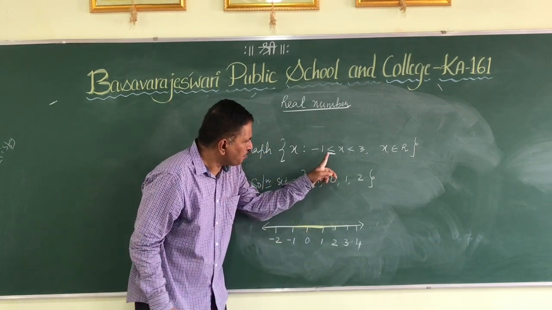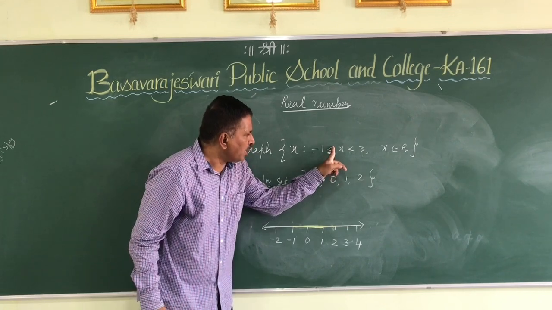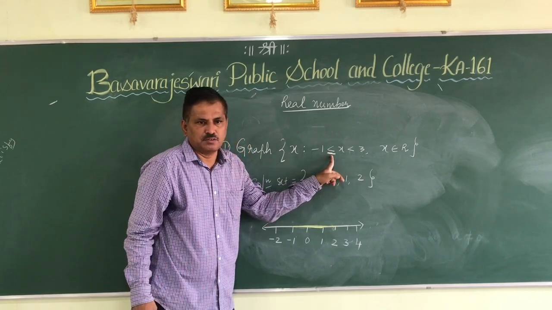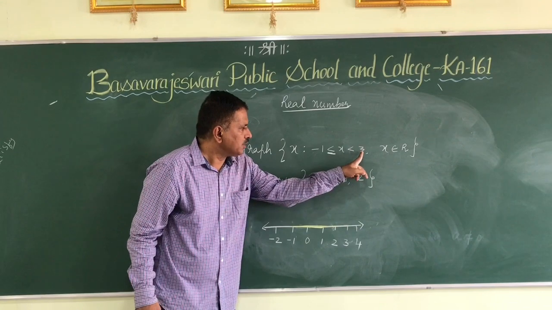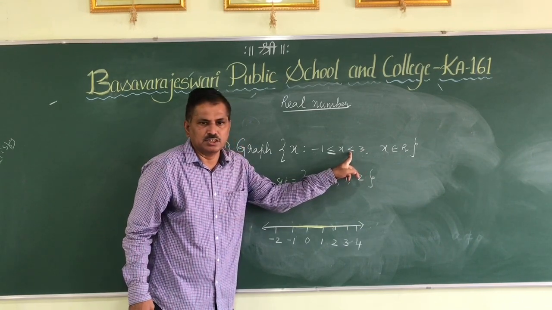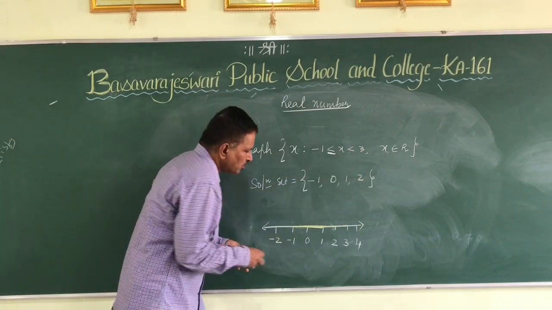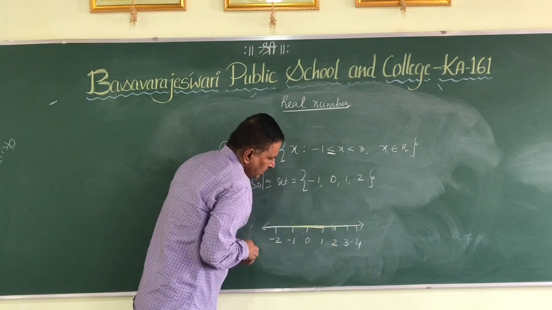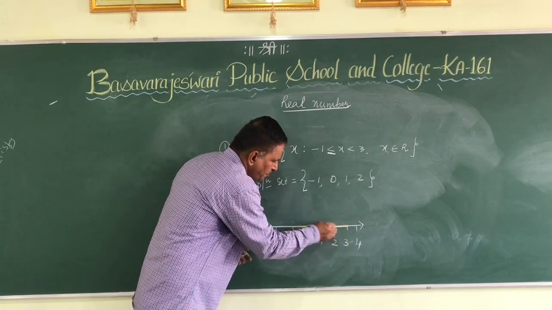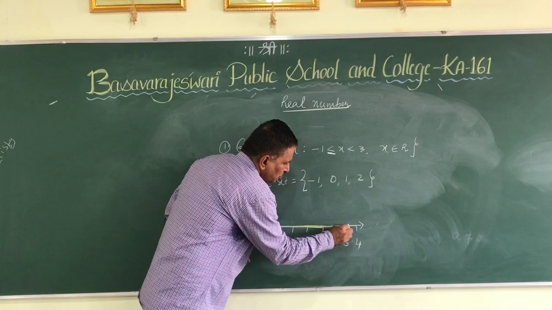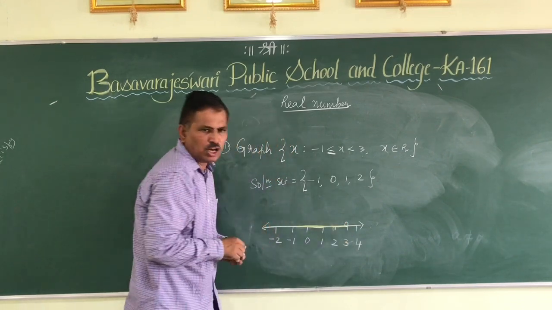Remember here, for -1 the lesser than equal sign is given. For 3 the lesser than sign is given. Lesser than means you have to put the halo circle.